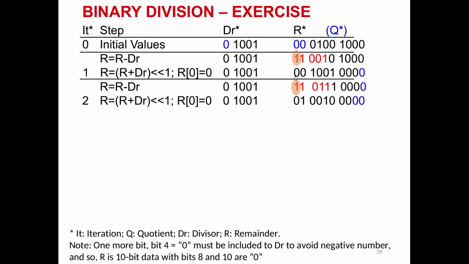The previous R will be shifted 1 bit to the left, making it 0 1 0 0 1, and then 0 0 0 0 0.